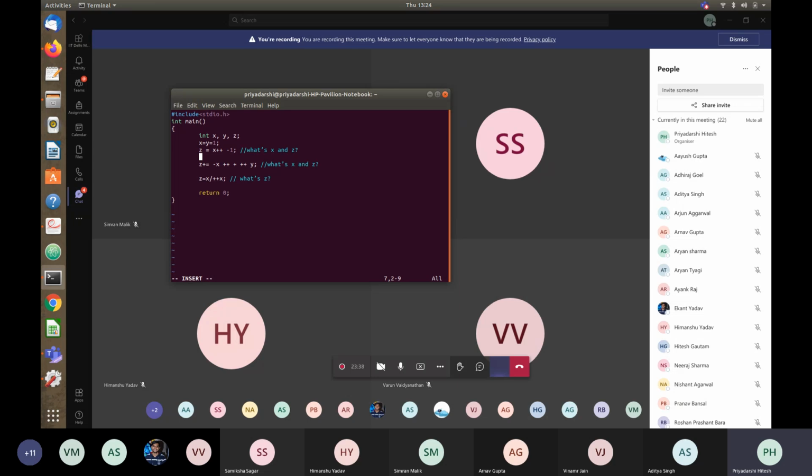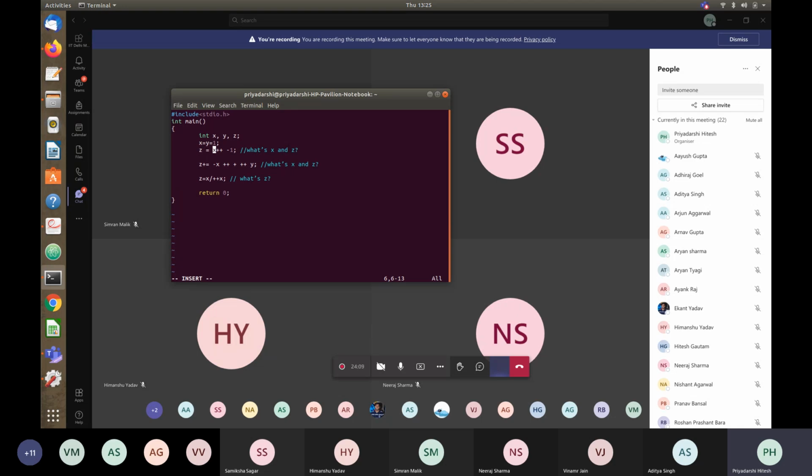What would be the value of x and z for the first statement only? X will be 2 and z will be 0. Yes, sir, x2 z0. Okay, anyone has any other answer? No. Okay, then that is right.